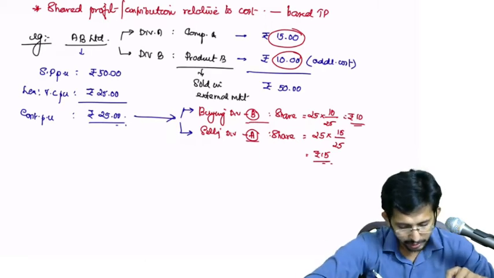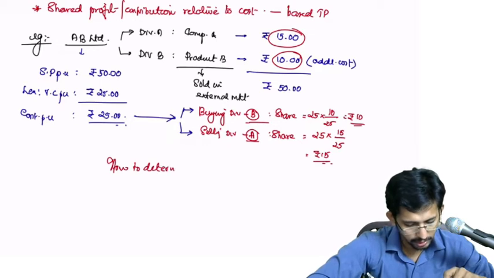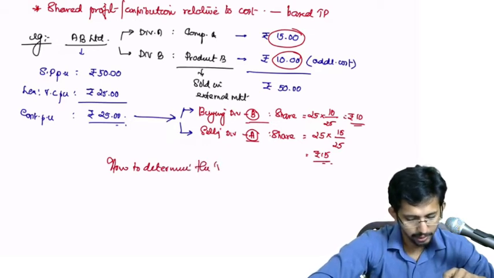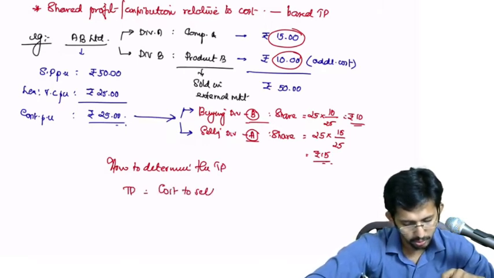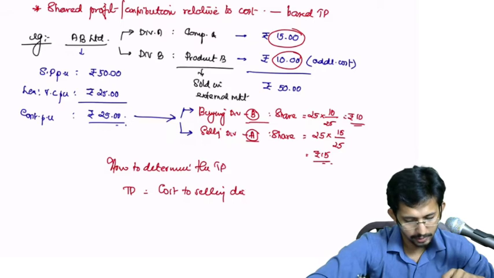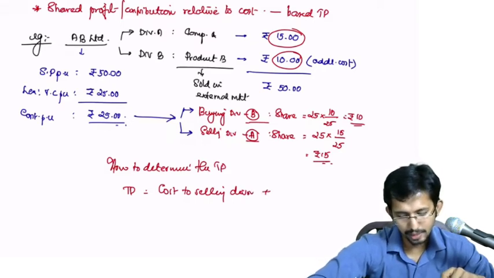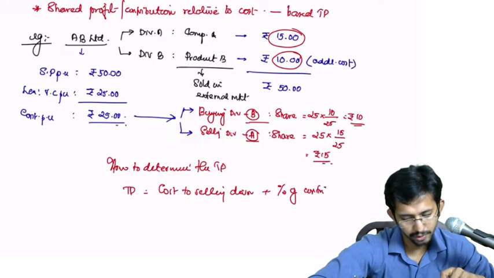Now how to determine the transfer price? TP is equal to cost to the selling division plus share of contribution or profit.